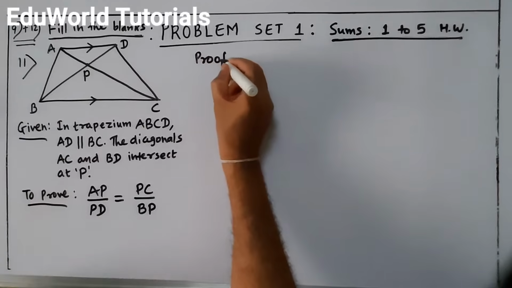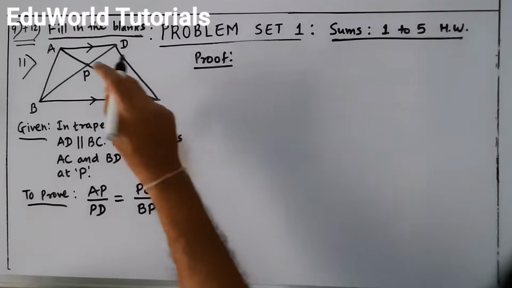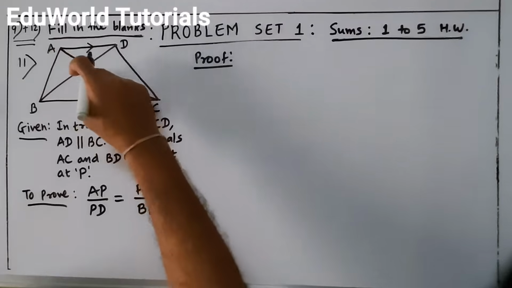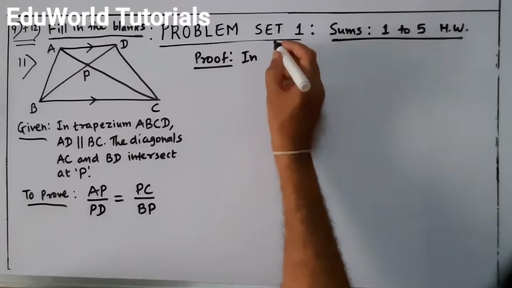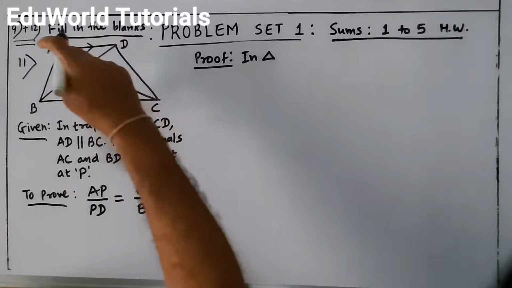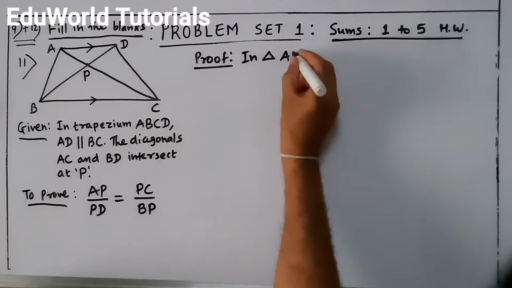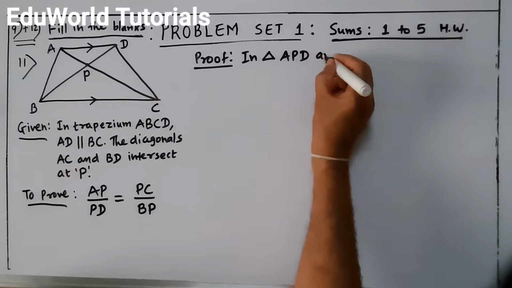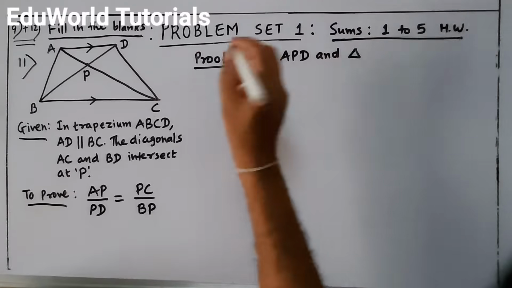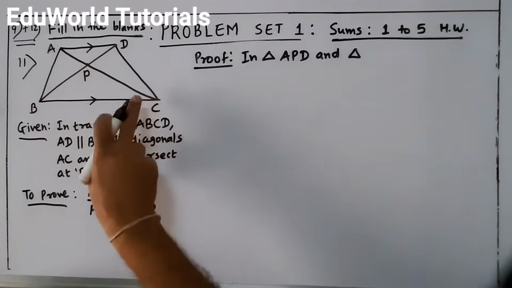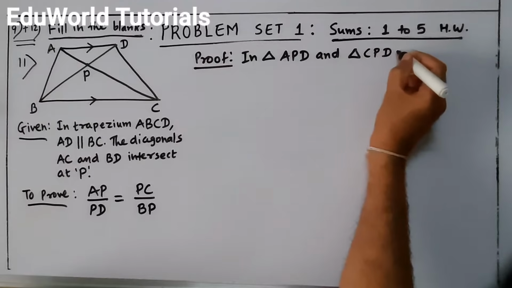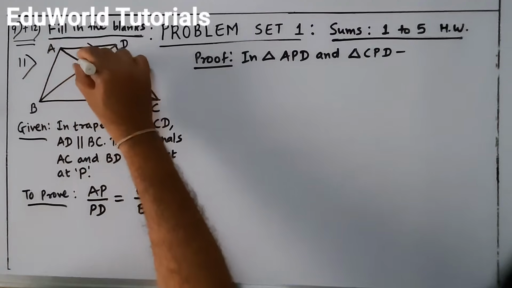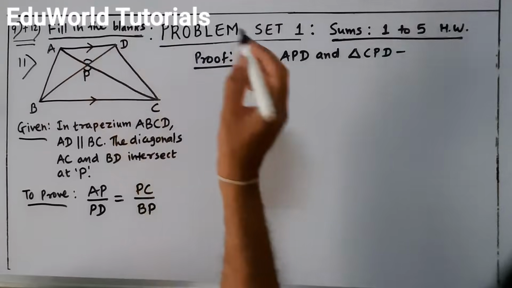If you recall similar sums we have solved earlier, we used to prove these two triangles similar. In triangle APD and triangle CPB, be very careful while naming the other triangle. In these triangles we have a pair of vertically opposite angles congruent.